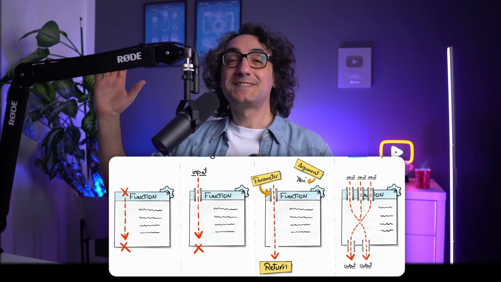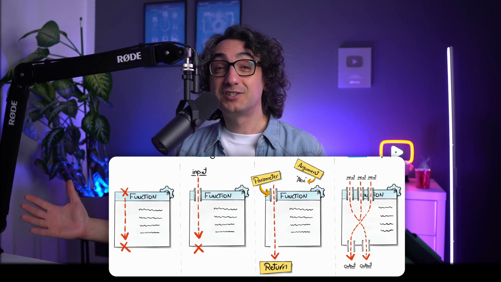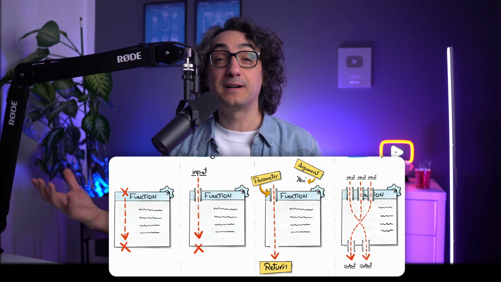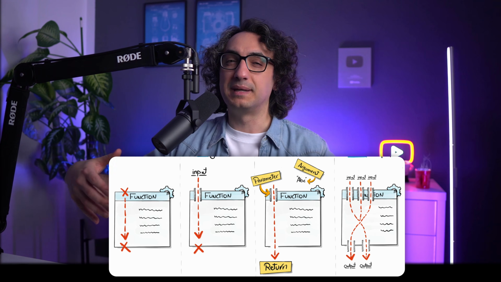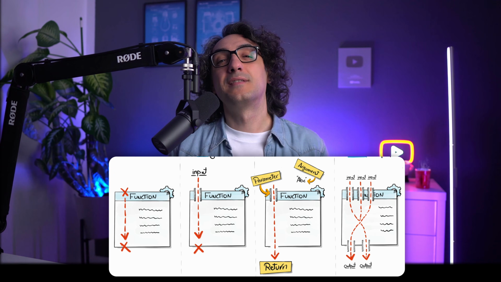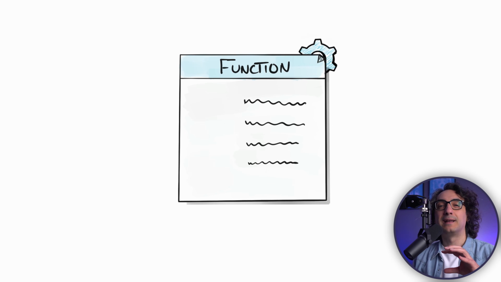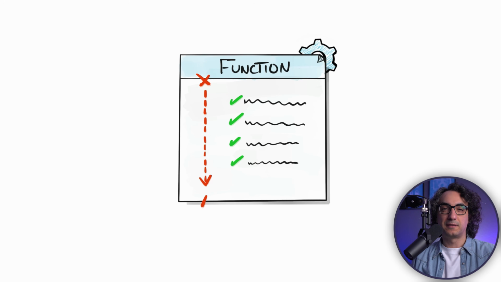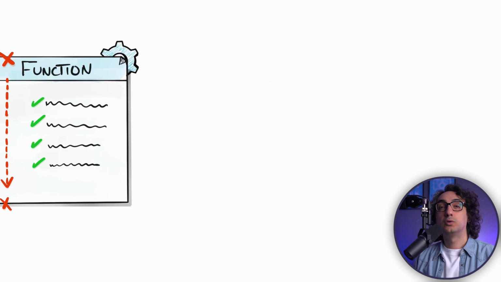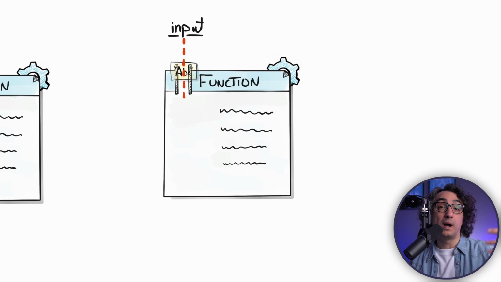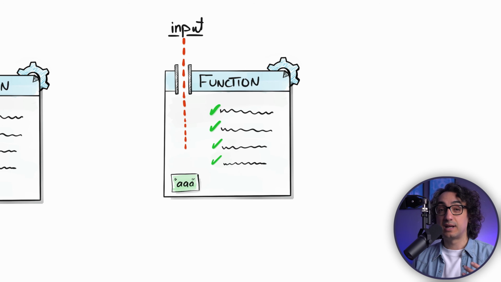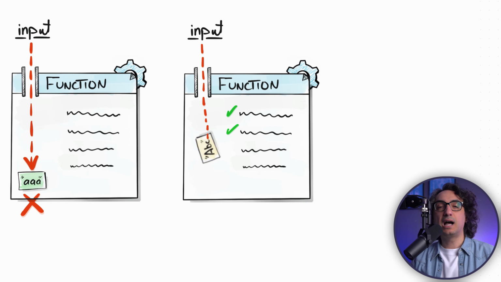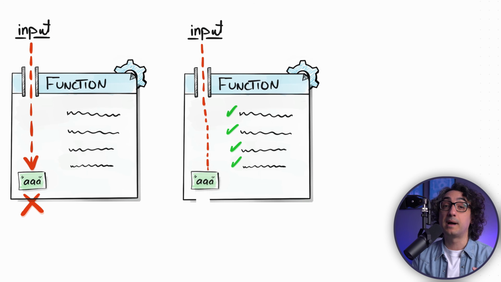So my friends, as you can see, we have different shapes of functions for different purposes, and you can see how the data flows inside the functions. So data goes in, maybe goes out, and of course this depends on the scenario. So again, by looking to this, we could have a function that is just a block of code, nothing goes in, nothing goes out, or we could have a function that takes one input using the parameter and the argument, or another shape where you have a function that as well has an output, so it is returning something back to the program.